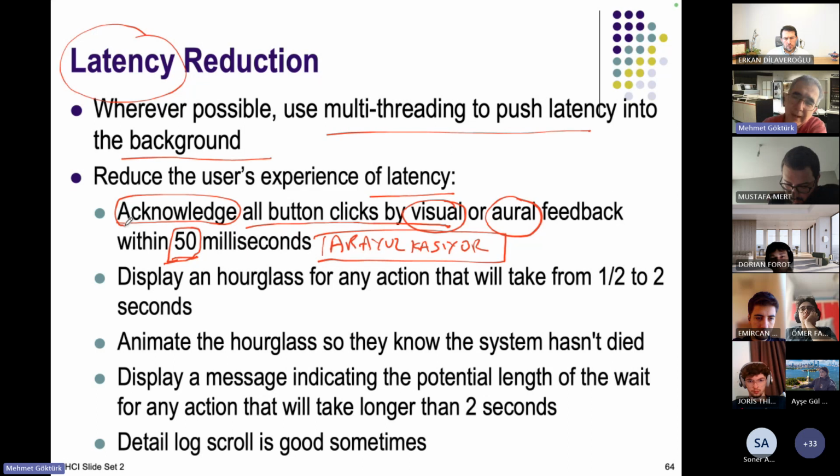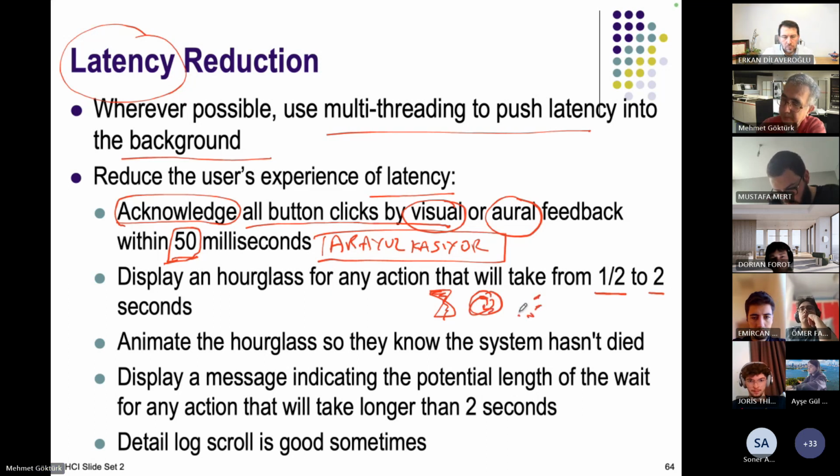If the task is between half a second to 2 seconds, display an hourglass or something rotating, some kind of progress icon in animated form up to 2 seconds. Animate that so that you know that the system hasn't died.